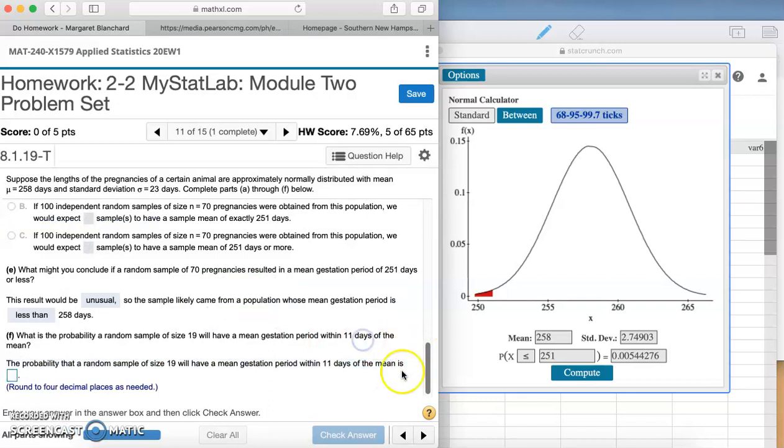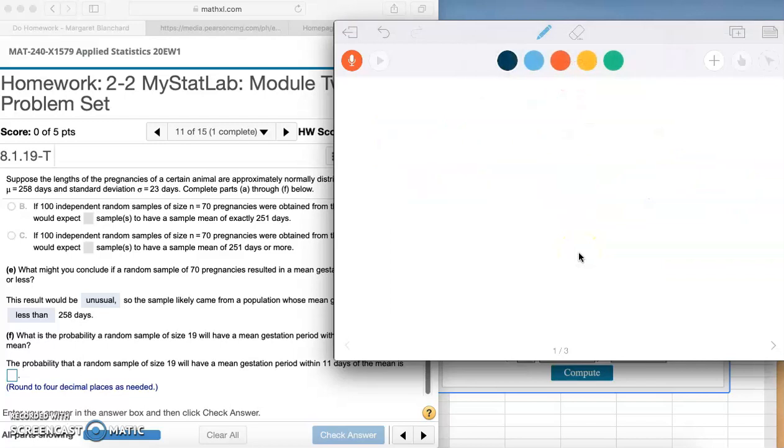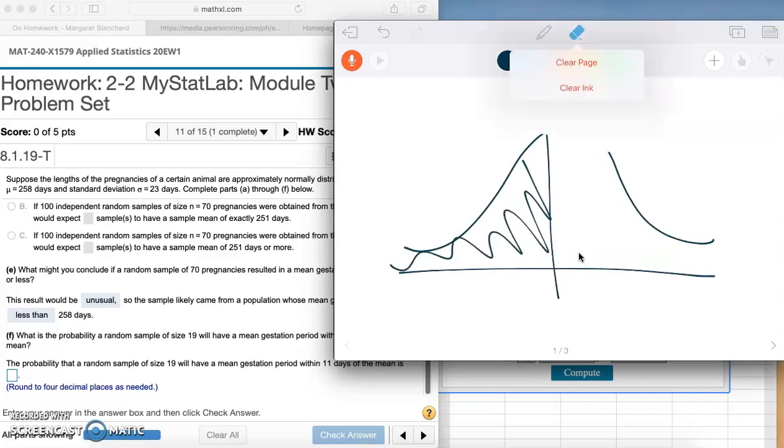What is the probability a random sample of size 19 will have a mean gestation period within 11 days of the mean? This is kind of fun because now, instead of just looking at, let me show you. Don't judge my normal distribution drawing. It's usually horrific. So before we were looking at this region.